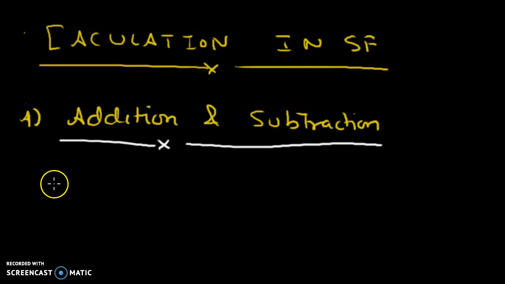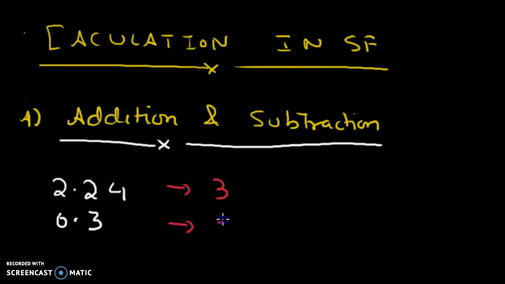Say for example 2.24, and I need to add 0.3 to it. Just tell me how many significant figures this has. 3. How many does the other have? 1. But the point here is not the significant figures. Here the result would have the least decimal places, the same as the number which has the least decimal places.